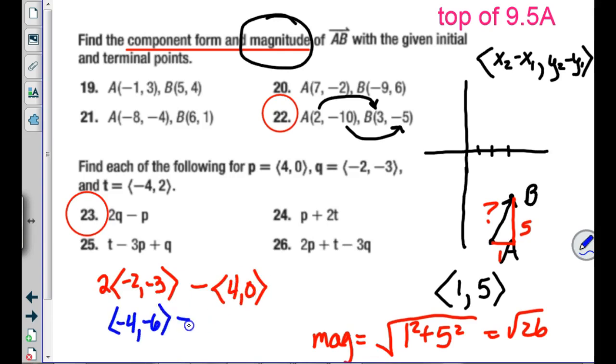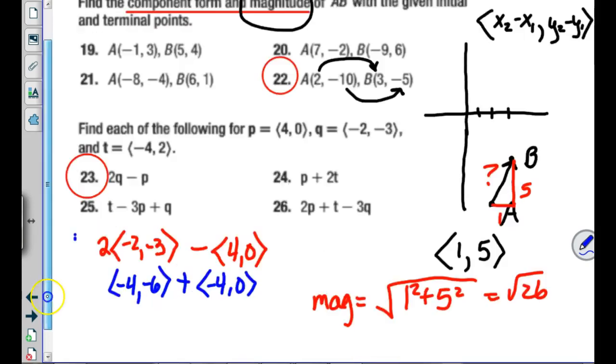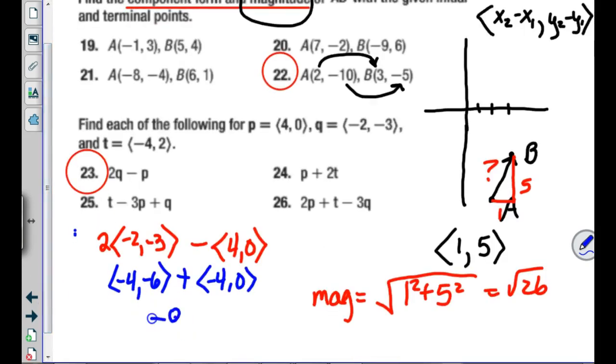And then I'm supposed to subtract these or add the opposite. So final answer, -8, -6. Way too fast. Everybody remember this? Easy, gonna get that one right? Just watch your signs and stuff. I didn't make a mistake, did I? Okay.